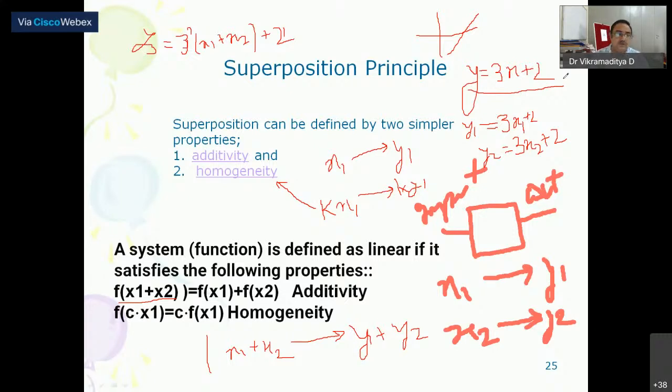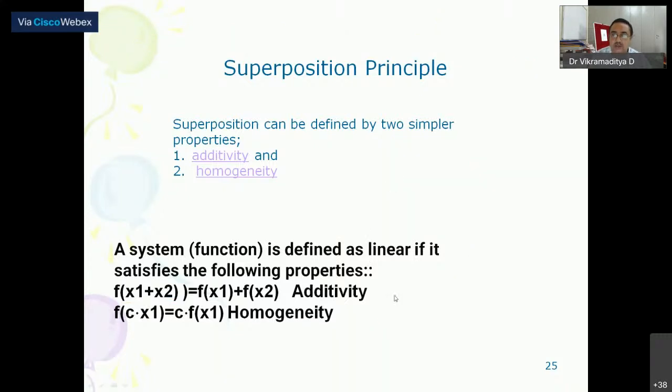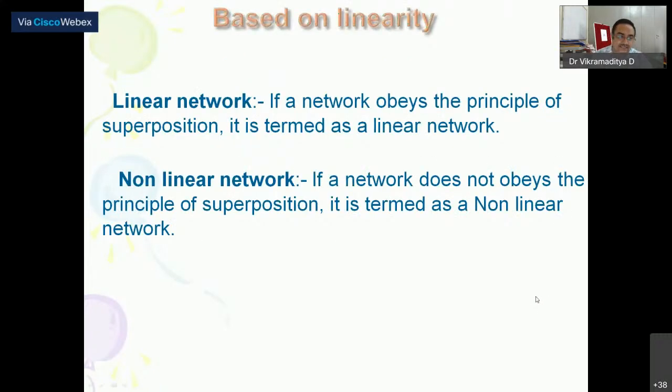So on this basis, can you tell me what you will say about your resistor?